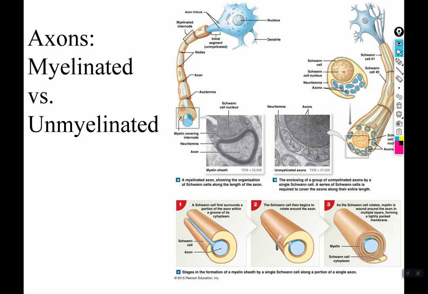Even in unmyelinated axons, you will still find them associated with a Schwann cell. It's just that the relationship between the Schwann cell and the axons does not look the same in myelinated versus unmyelinated. So this is what this figure is showing you.